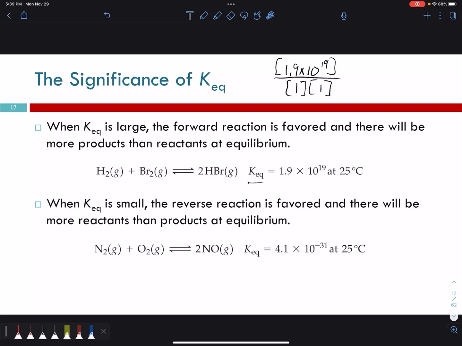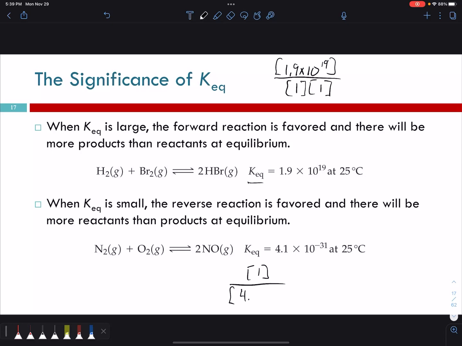When KEQ is a very small number, so we have 4.1 times 10 to the negative 31, then we have more reactants than products at equilibrium. So in this case, it would be like saying, if we had 1 molar as our concentration of nitrogen monoxide, I'd have to take the square root of that.